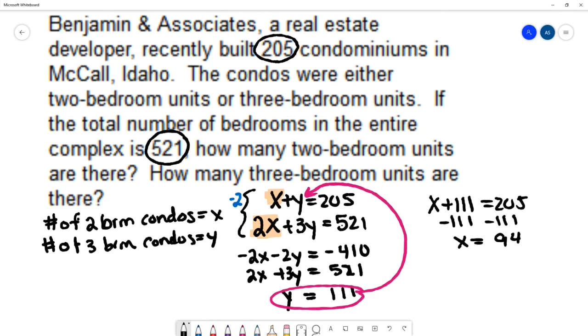Yeah, 94. So we have 94 two-bedroom condos and 111 three-bedroom condos in this new complex.